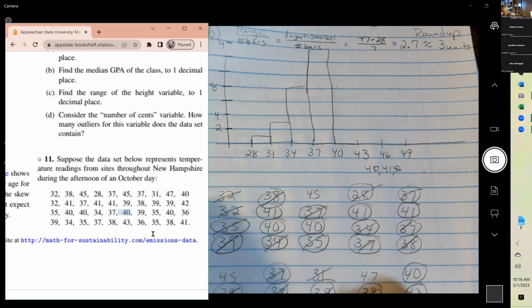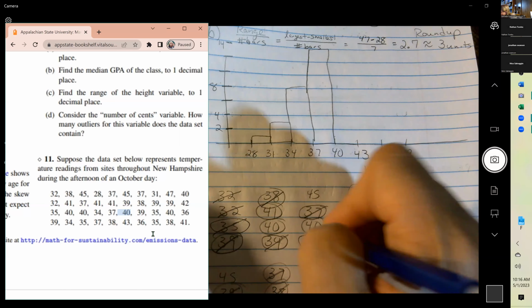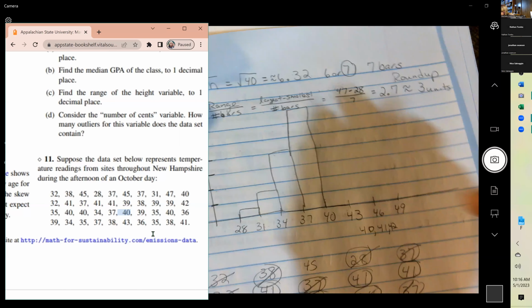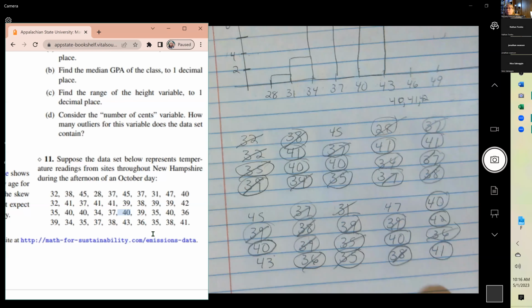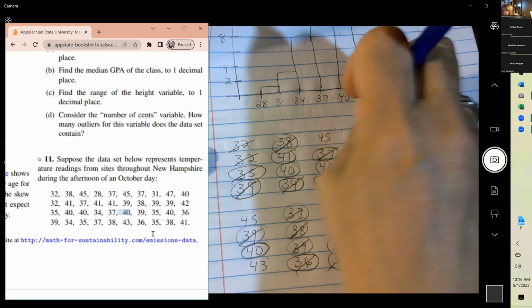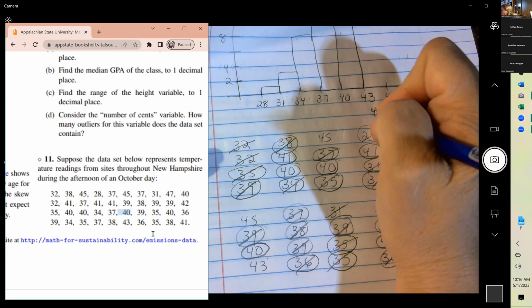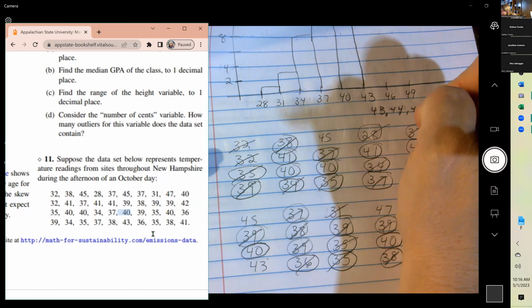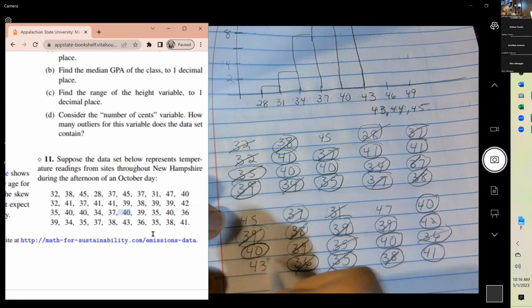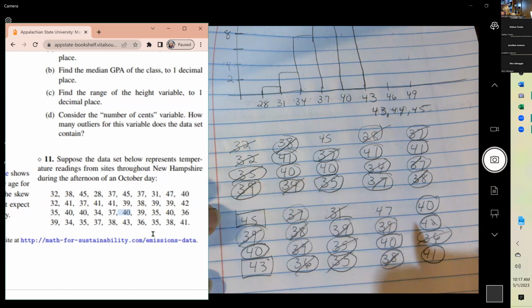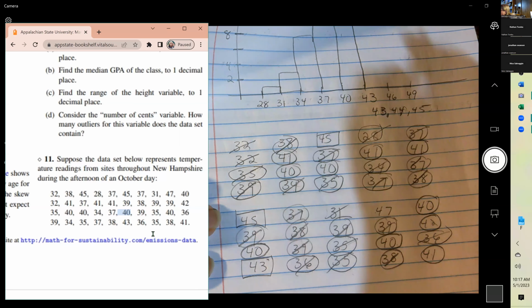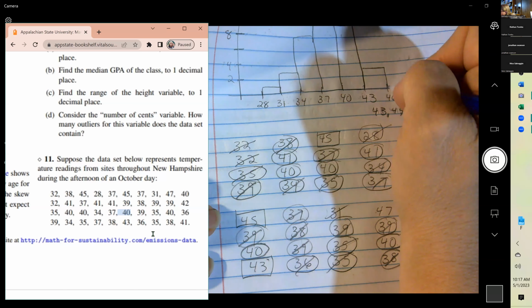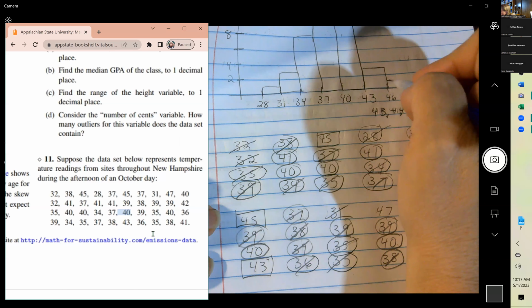One, two, 3, 4, 5, 6, 7, 8, 9, 10. 43, 44, and 45. 3, 2, that goes in the other one. 3. And then 47 goes here.